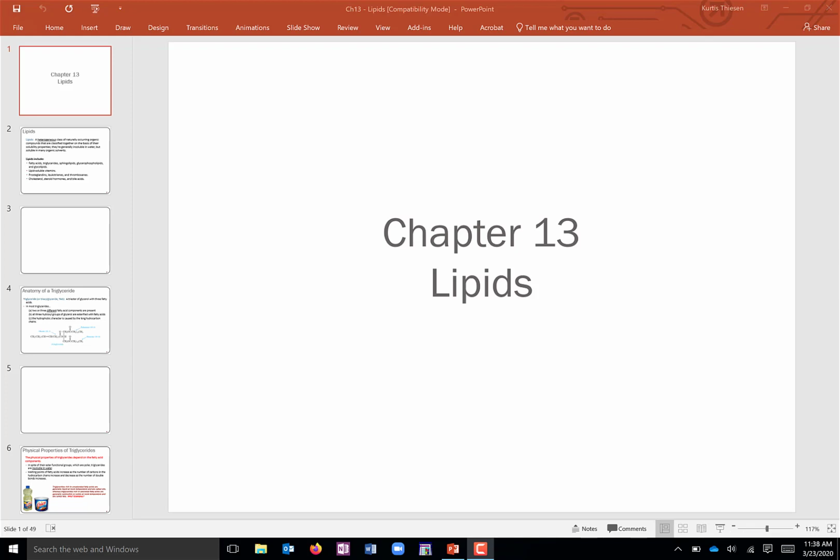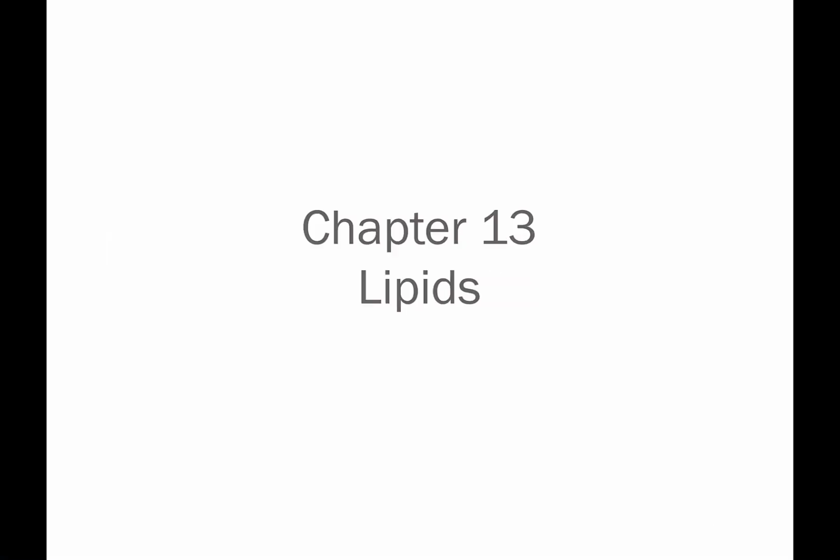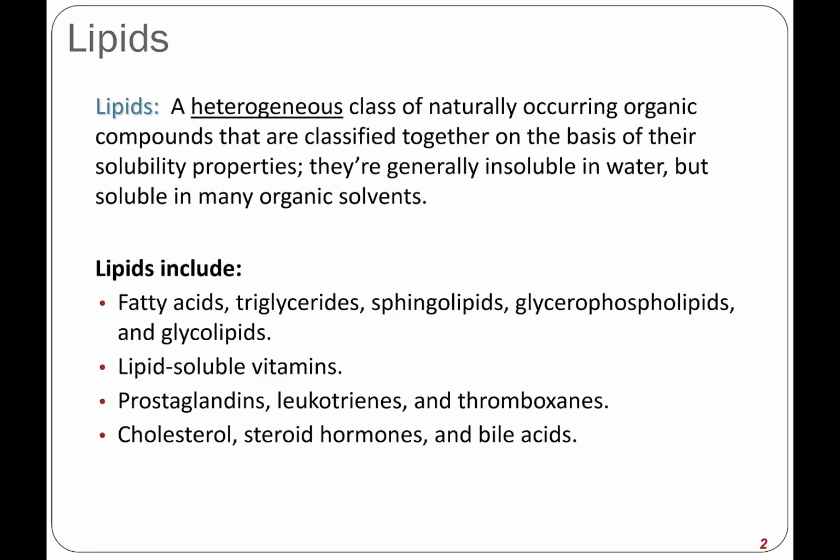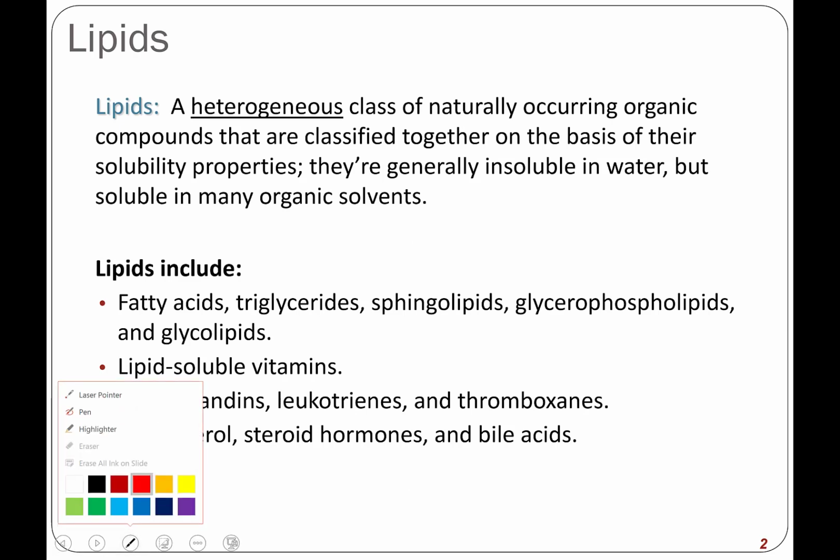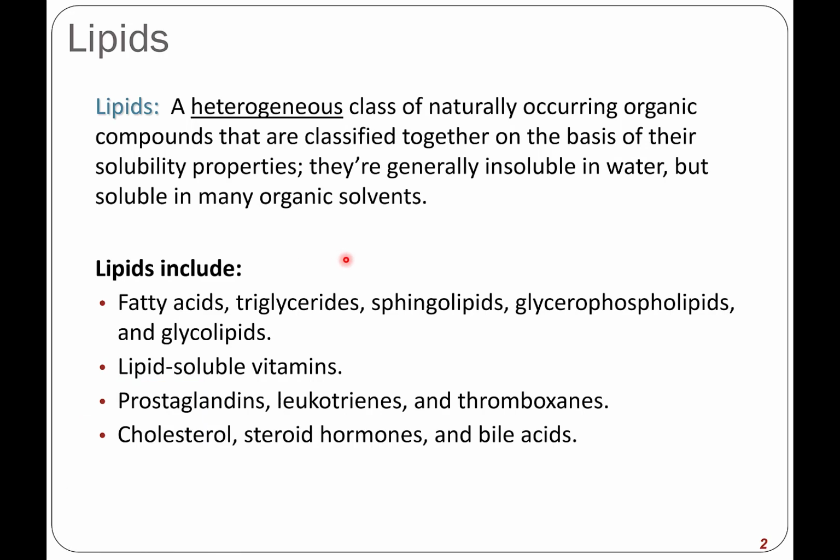So let's start here. You got a little information in this slide. I wanted to point something out here with the laser pointer. There's a definition there: heterogeneous class of biomolecules. Heterogeneous means non-uniform throughout.